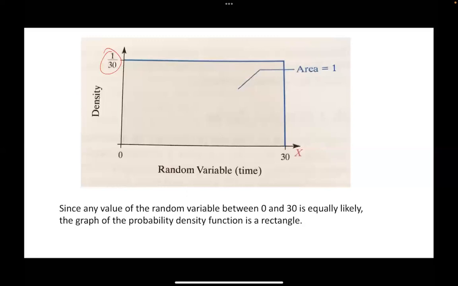It's kind of like rolling a die. Any value of the die is equally likely, so the probability of getting any value would be 1/6. With this function, every minute is 1/30th probability of happening. It's the same thing.